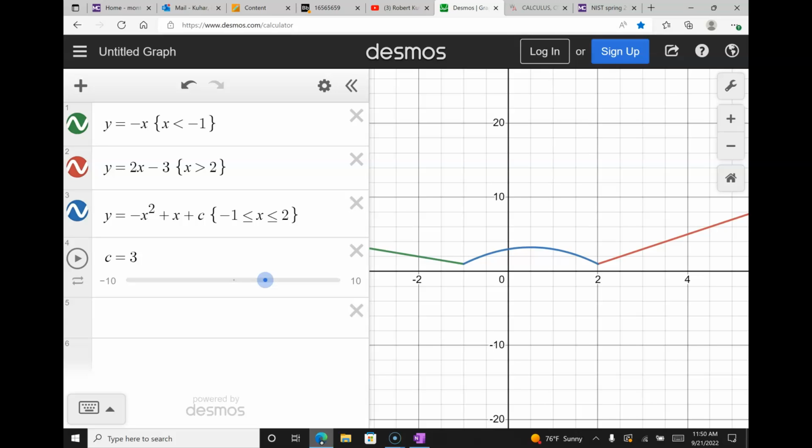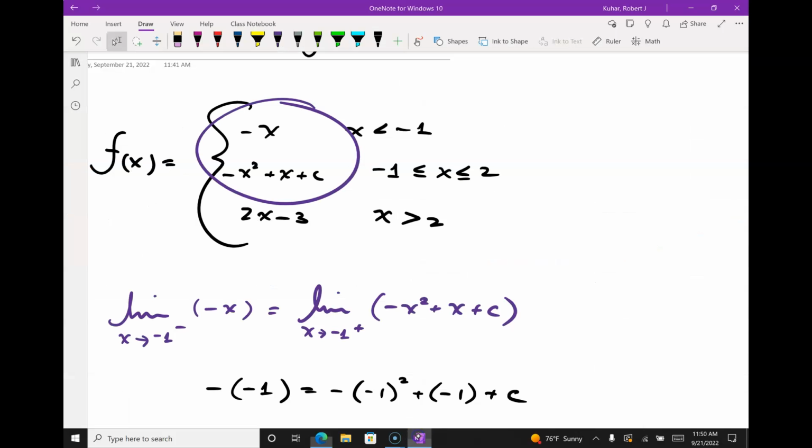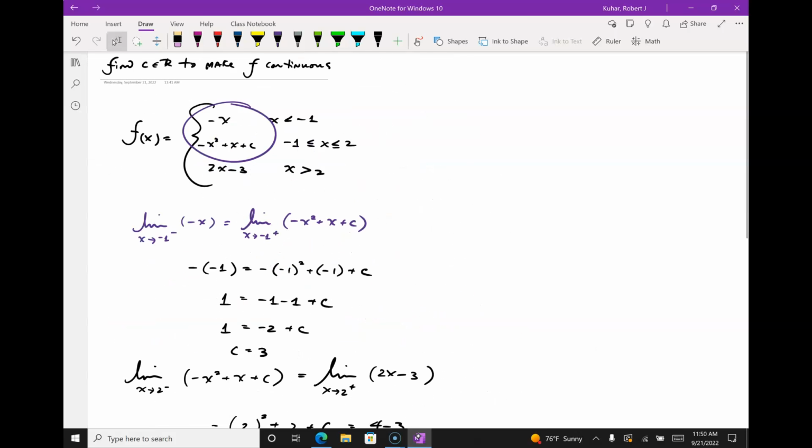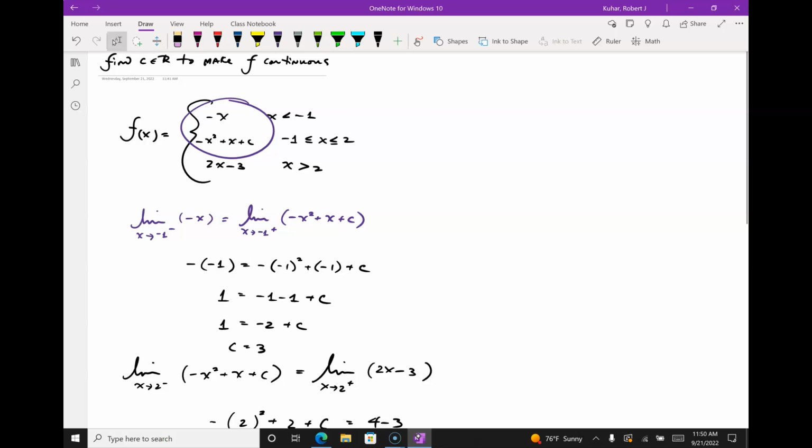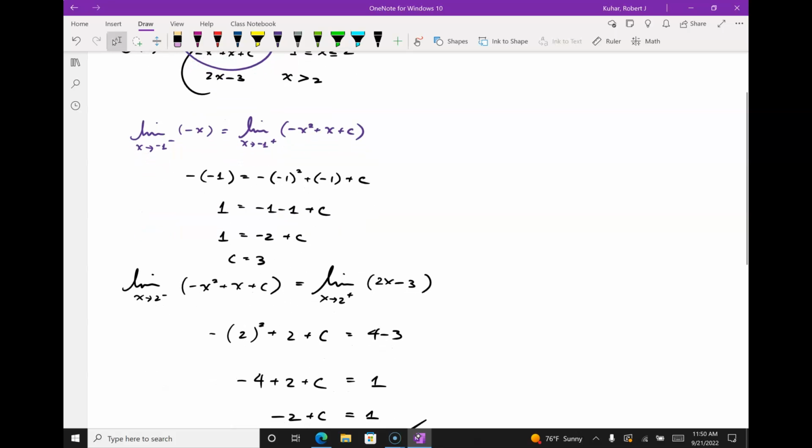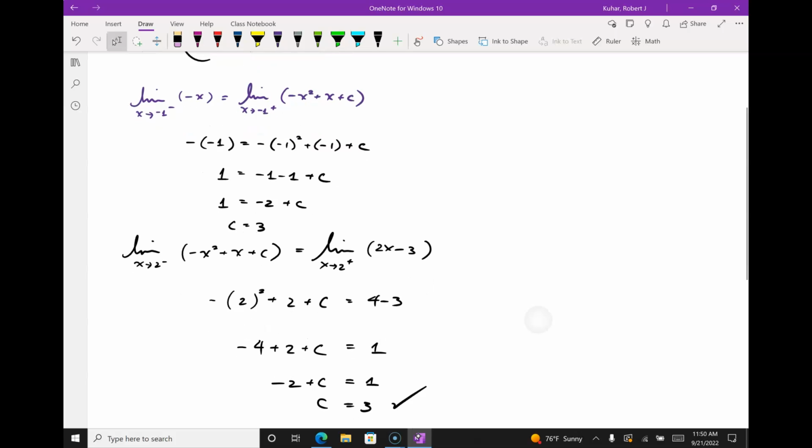Right? The right of -1? Yeah, because that's what it says.